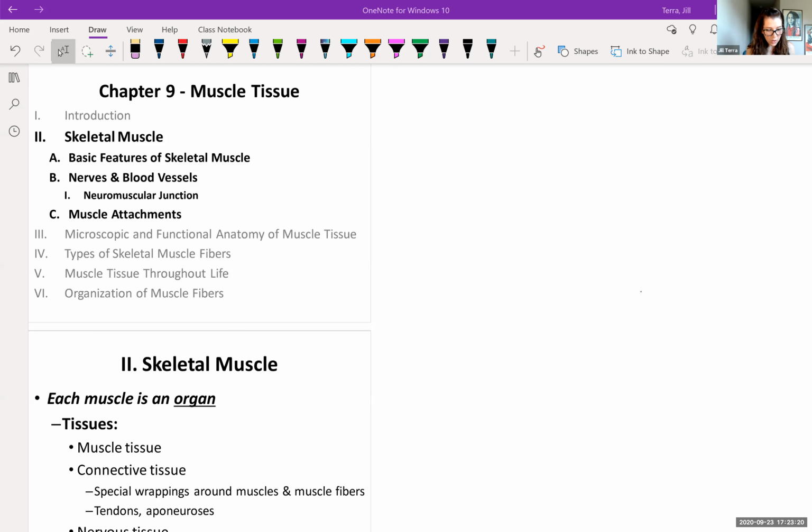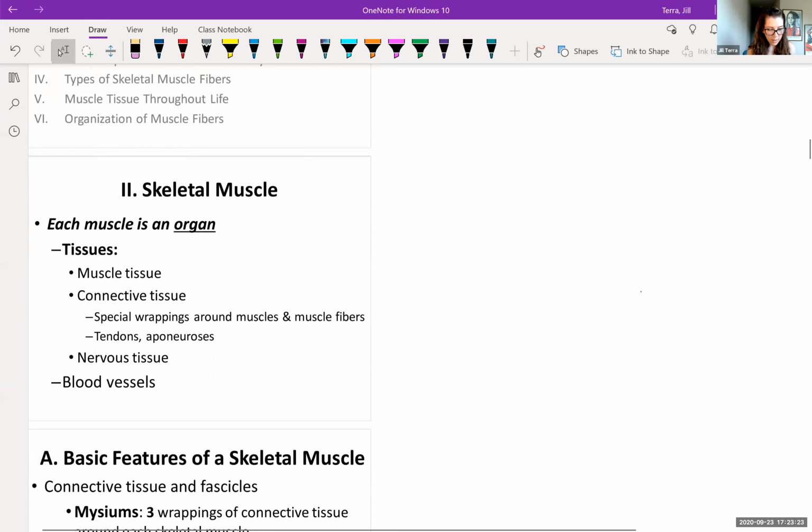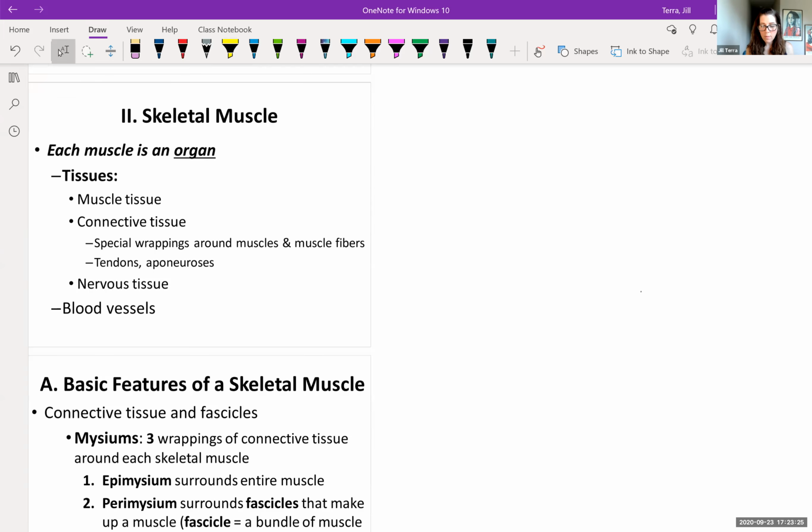Okay, so first, I want to point out that with skeletal muscle, every single muscle in our body is actually considered an organ. And that is because, if we remember, the definition of an organ is when we have two or more tissue types that are working together towards a common function, okay?